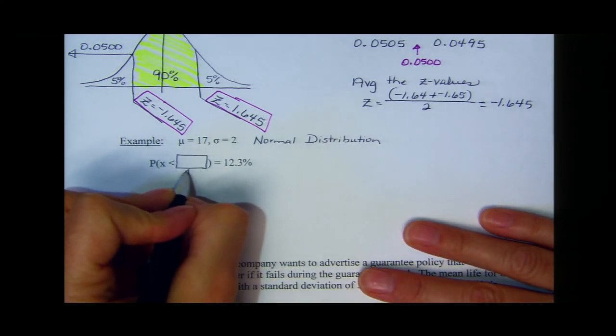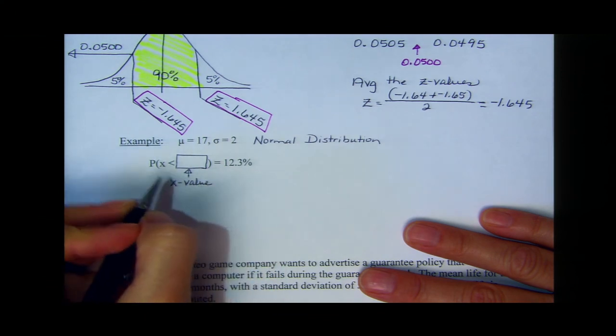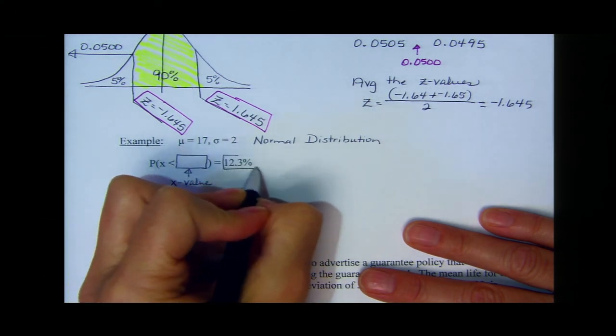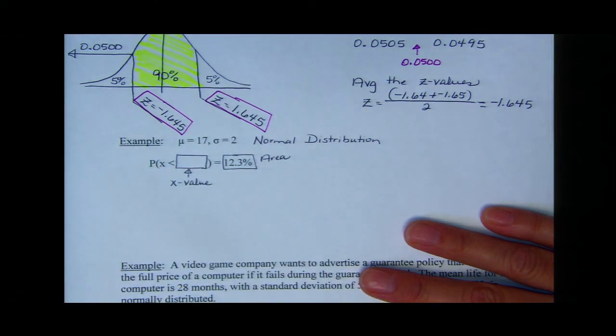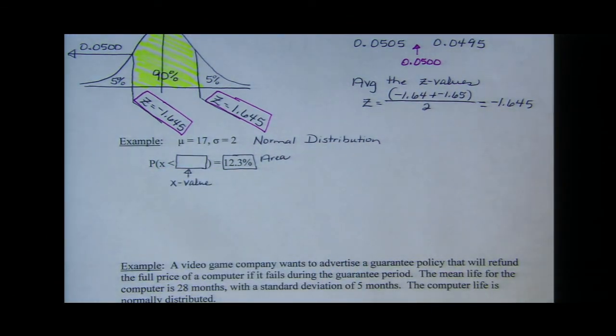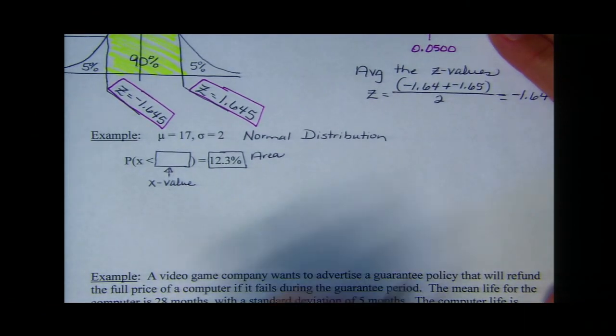This number right here would be your x value. That's what is missing. This number right here is what is given, which is your area. So since we're given the area, we know that we're going to use the table, the inverse normal distribution.